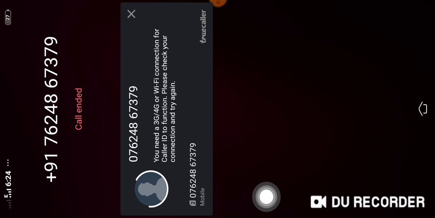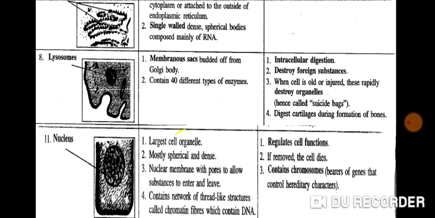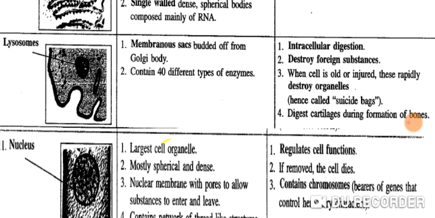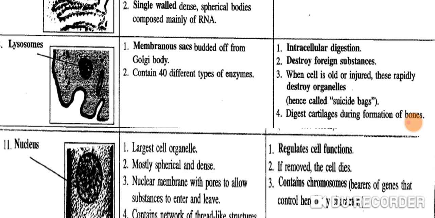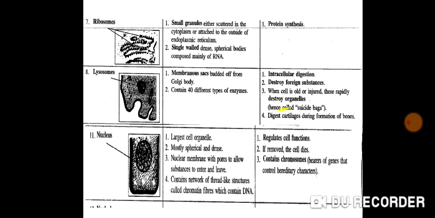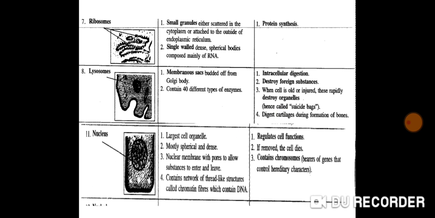Next organelle is the lysosomes. Lysosome is a membranous sac which is budded off from the Golgi bodies. It contains many different enzymes. As many as 40 enzymes are being secreted from lysosomes.